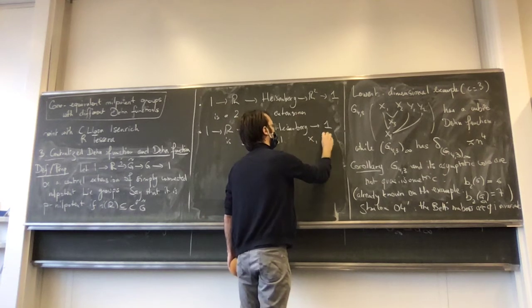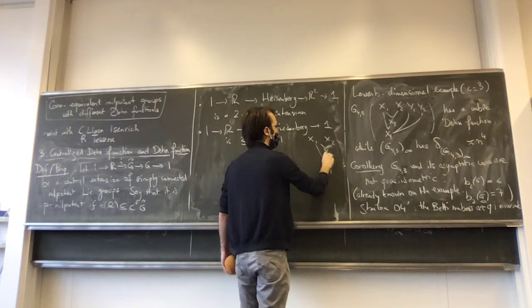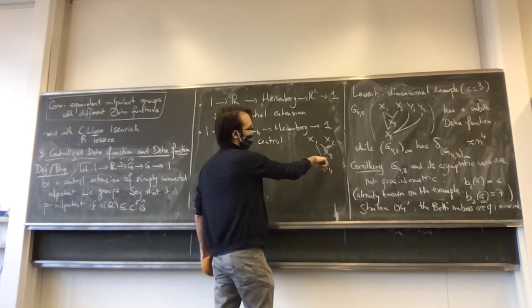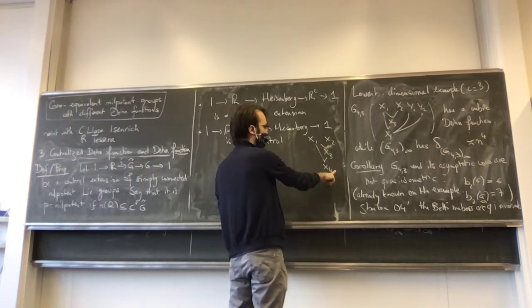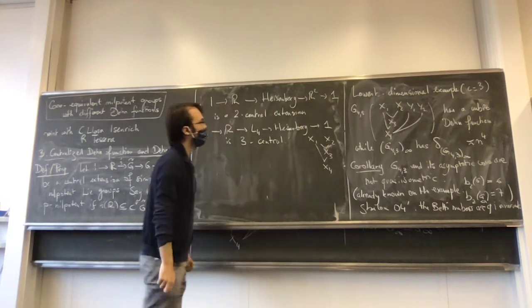So I recall the structure of L4. You add a Heisenberg group and then you add a central extension. So this will be a central element because it commutes with everyone, and you add it in the third term of the lower central series.